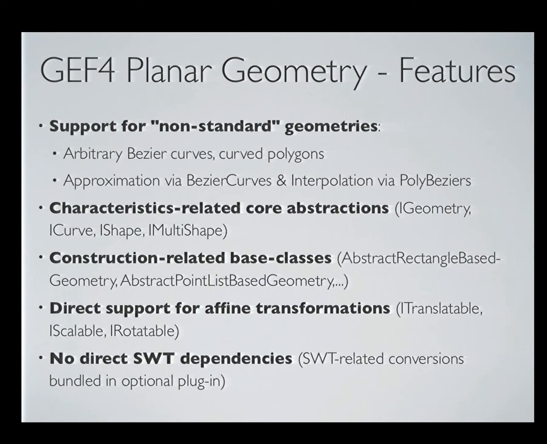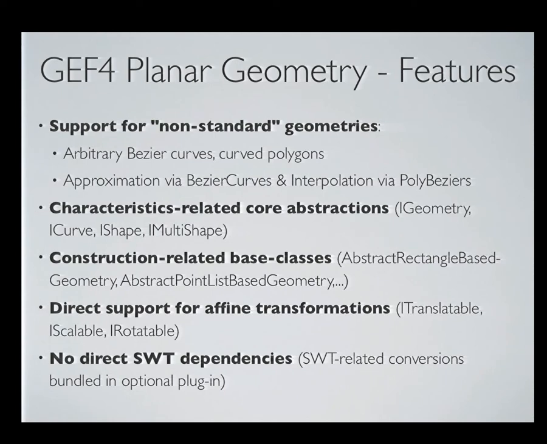Besides these core abstractions, which are designed as an interface hierarchy, we have some abstract base classes which are related to the construction of the shapes. So for instance, we have abstract rectangle-based geometry that is used for all these shapes that are created by means of a rectangle.